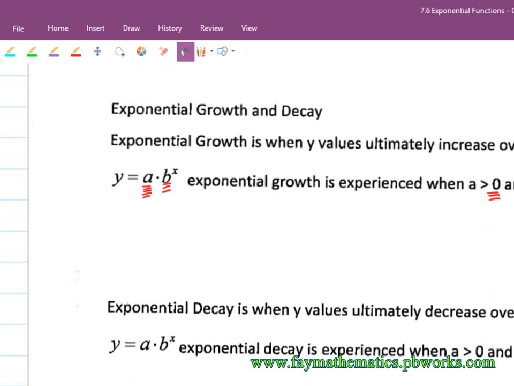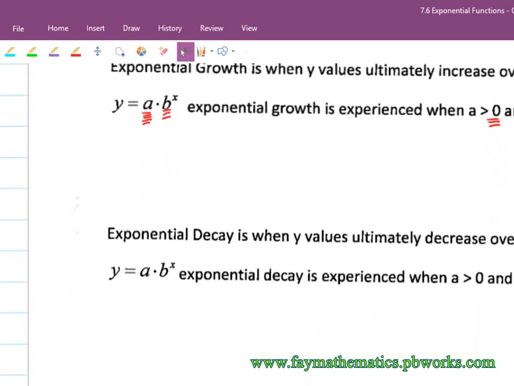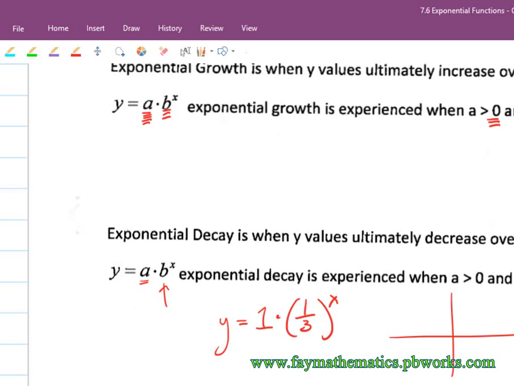It would be decay, exponential decay, if this number here is positive, but the b value is between 0 and 1, so that b value is a fraction. Something like y equals, let's just say 1, that's my a value, times 1/3 to the x. That would be decay. That means after a time period, my y values are getting smaller and smaller.